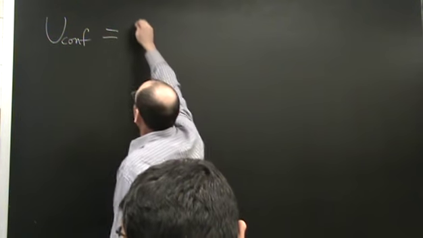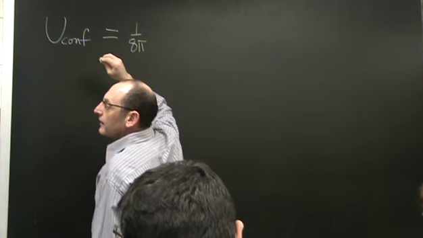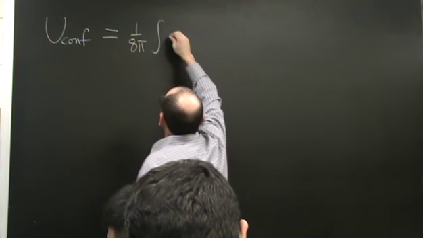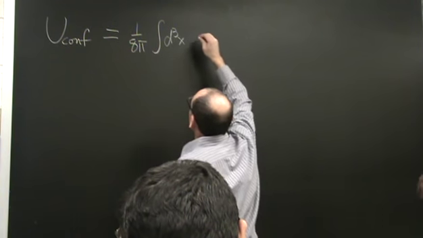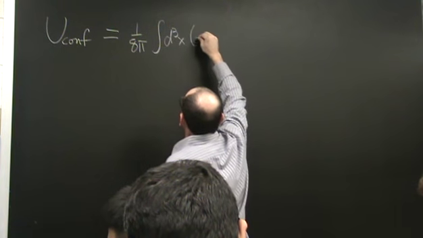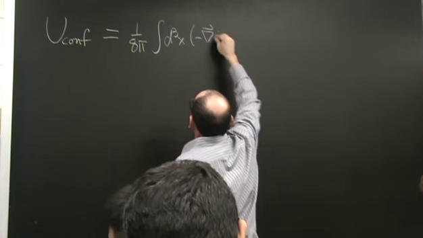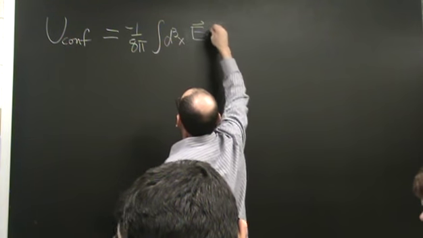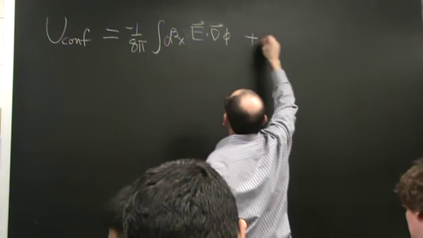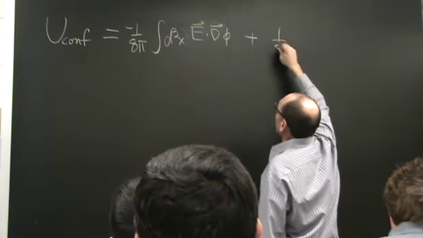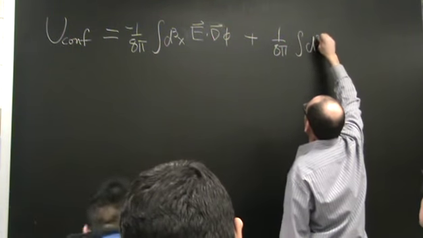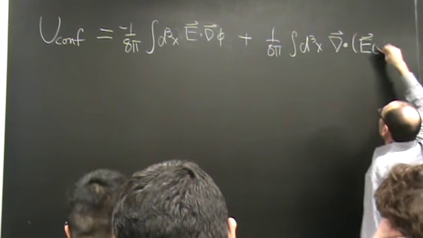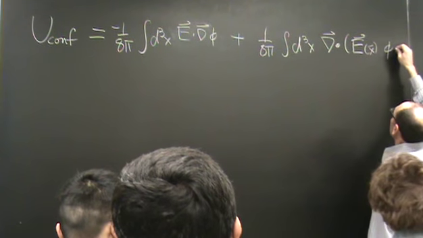Plugging in over here, we got 1 over 8 pi times the integral d cubed x, times minus the gradient of phi, or put a minus sign out there, E dotted into grad phi, now, plus 1 over 8 pi, the integral d cubed x, the divergence of E times phi.